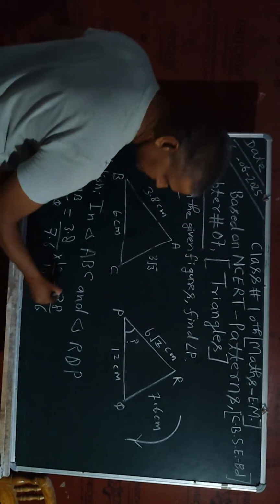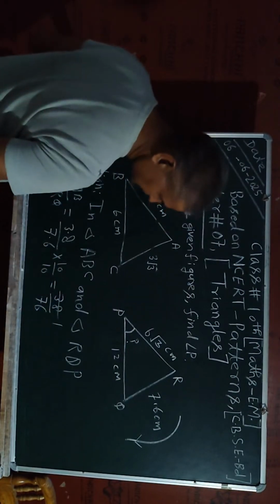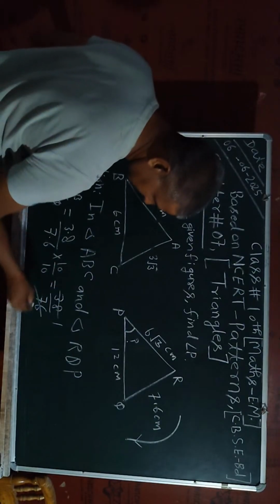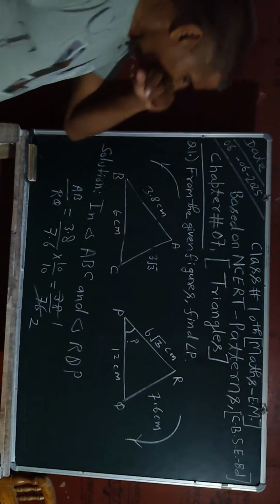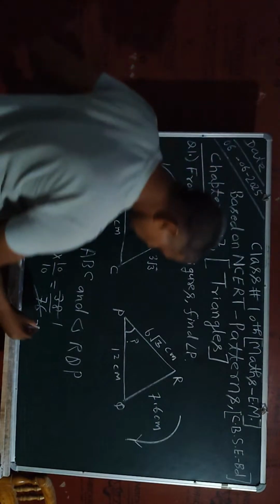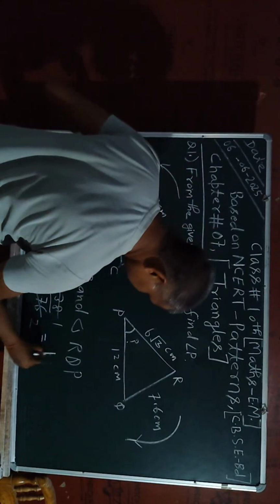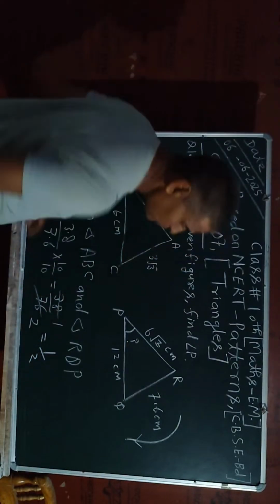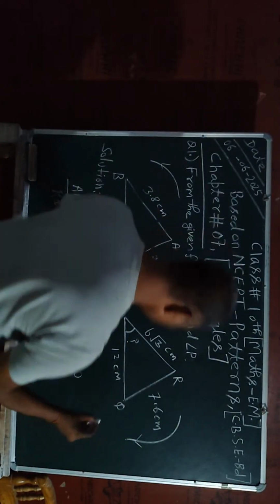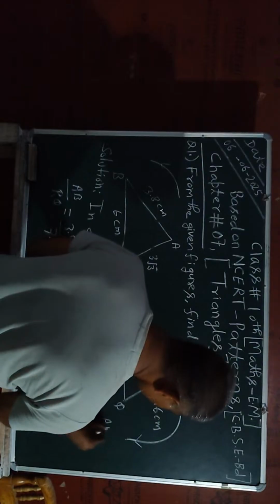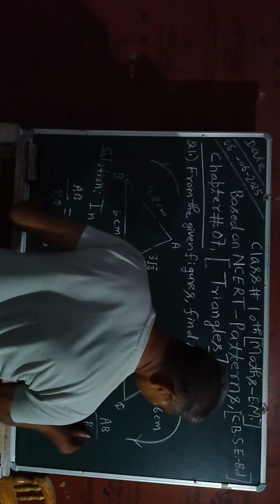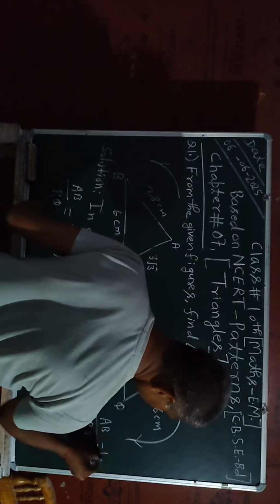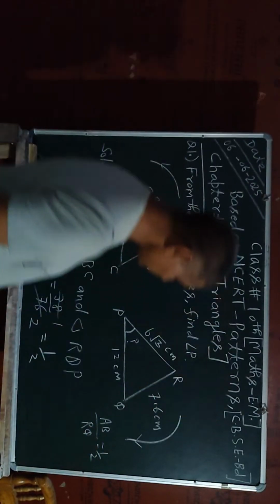Now here 38 1s are 38, and 38 2s are 76. So here I will write this value is 1 by 2. Now AB divided by RQ, its value is written here as 1 by 2. Okay.